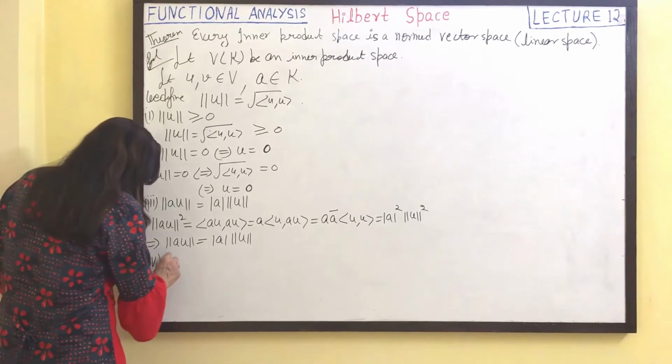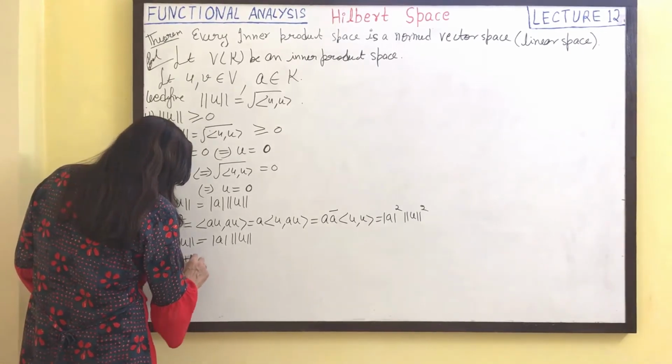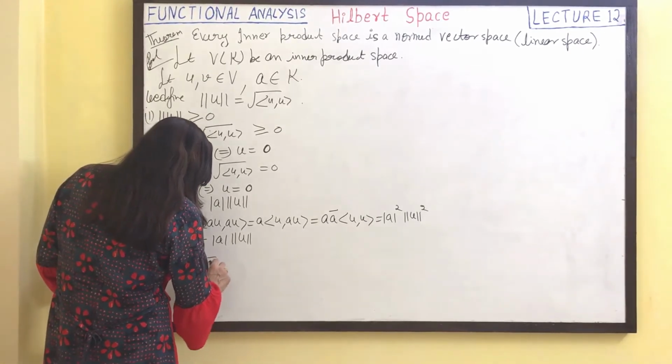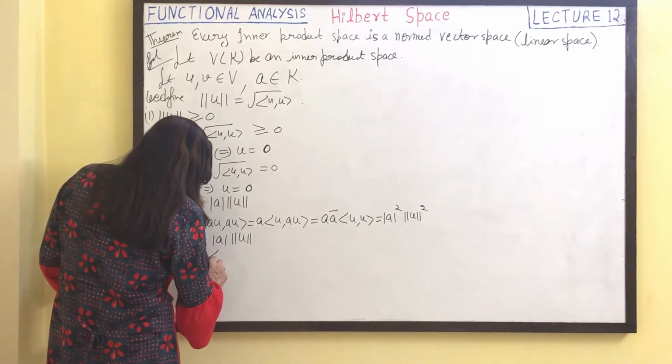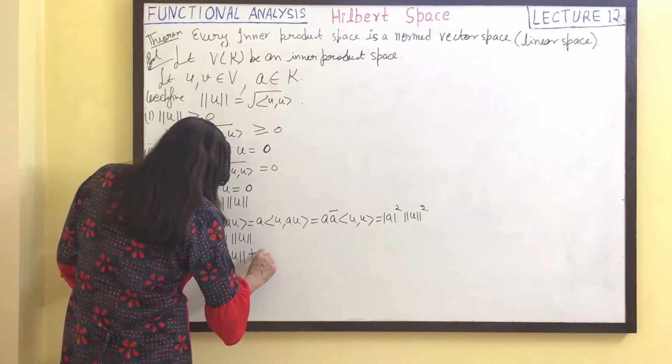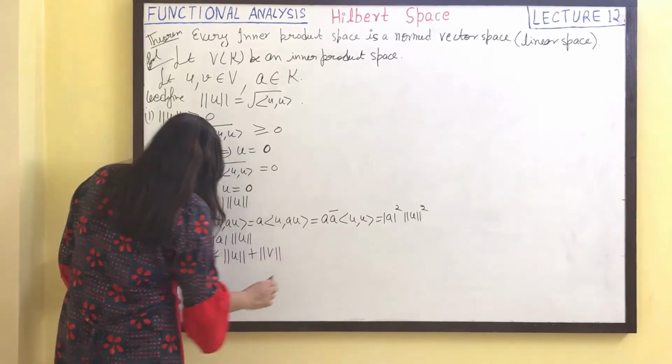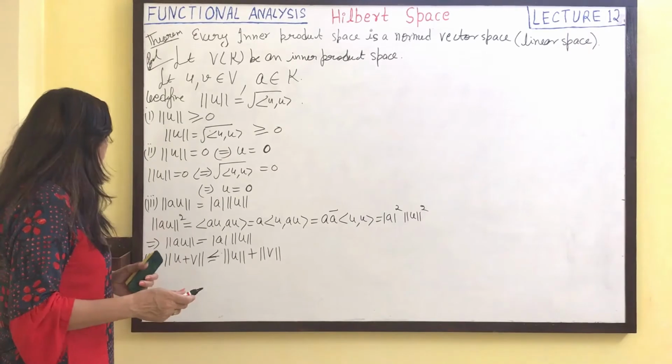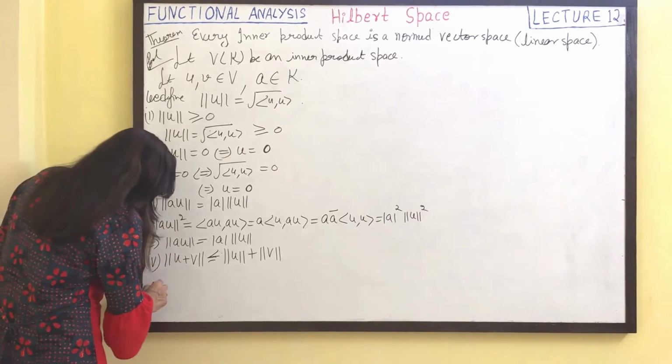Now we come to the fourth property. Fourth property is norm of u plus v is less than or equal to norm u plus norm v. Okay, so again we start from here.